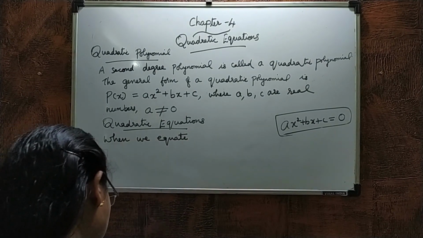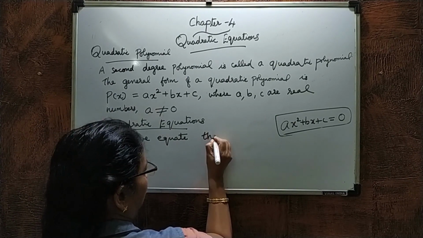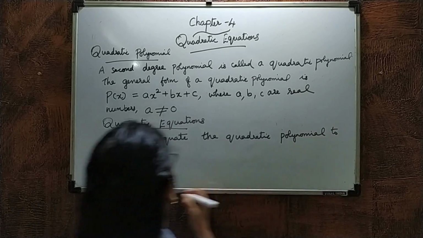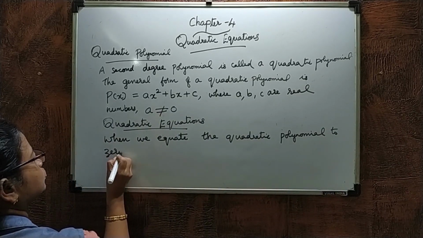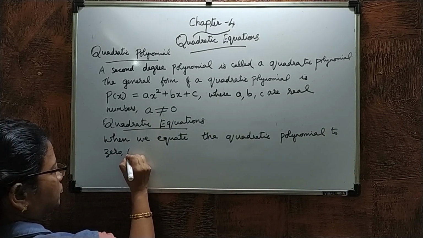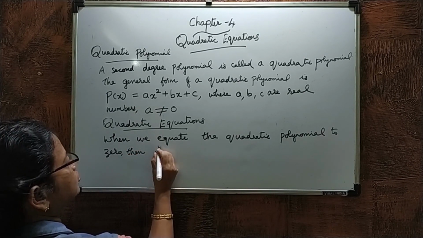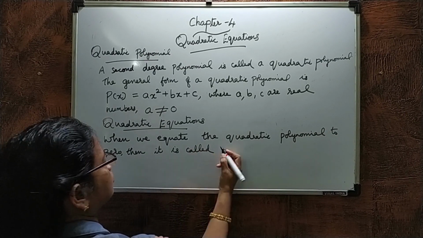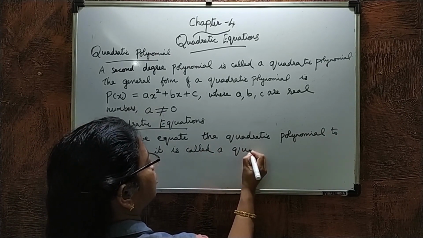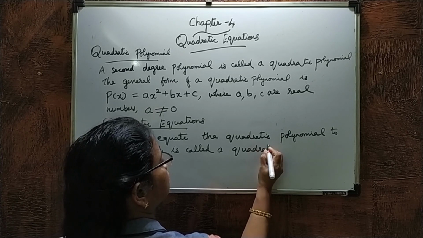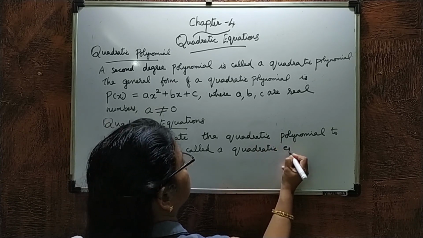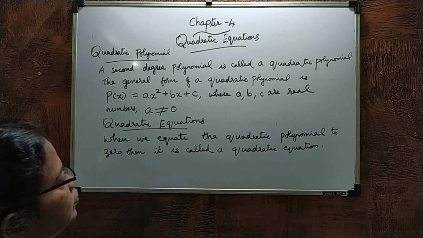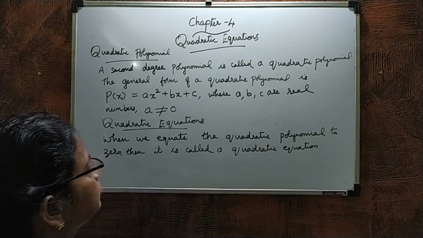When we equate the quadratic polynomial to 0, then it is called a quadratic equation. Then what is the form?